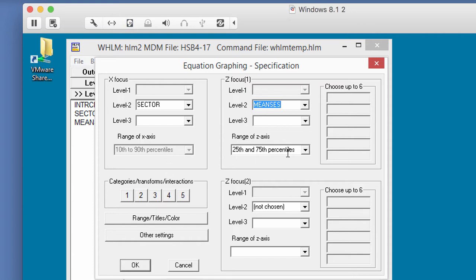And I'm going to do, I guess, the 25th percentile to represent low mean SES, and the 75th percentile to represent high mean SES.